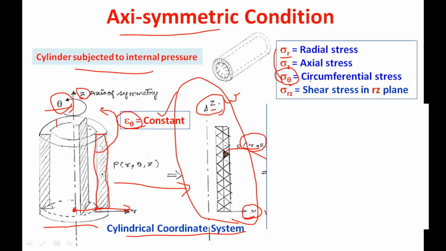We are considering the stress along the theta direction also. So we get three normal stresses. Sigma theta is called the circumferential stress or hoop stress. Then sigma RZ, since we are considering the RZ plane, is the shear stress in the RZ plane, also written tau RZ. Now, how to derive the stress-strain relationship matrix, we will see.